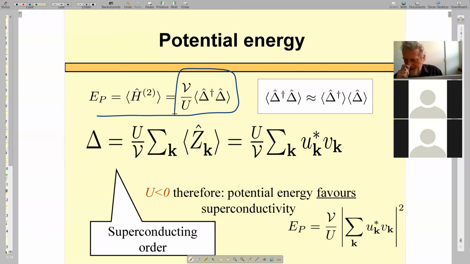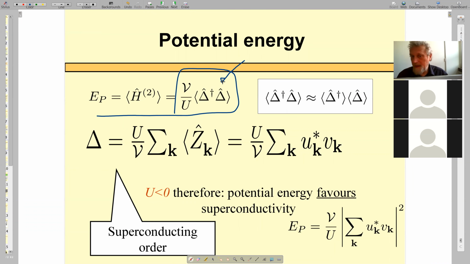But it's a bit too complicated for me, and I will take advantage of the fact that this operator is a large sum over many, many k states. It's like in probability theory: if some random value is a large sum of stochastic variables, its relative fluctuation is small.